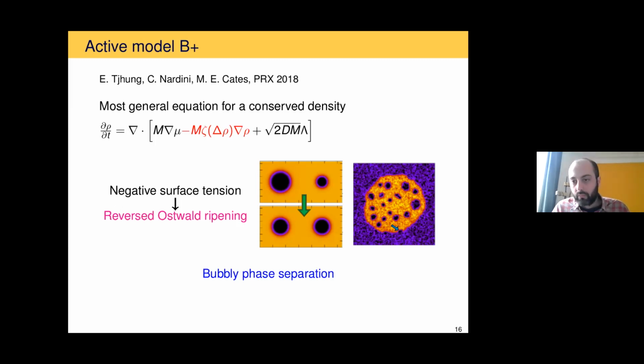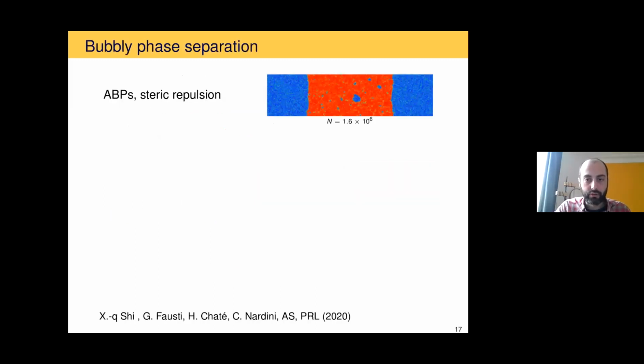But that comes from the equation, so is it really what happens in the microscopic model? Because in the movie I showed you in the beginning, we didn't seem to see any bubbles. But actually the recent work that we did is to recognize that, yes, in the microscopic model, you generically see these bubbles, but you need very large systems to see them.